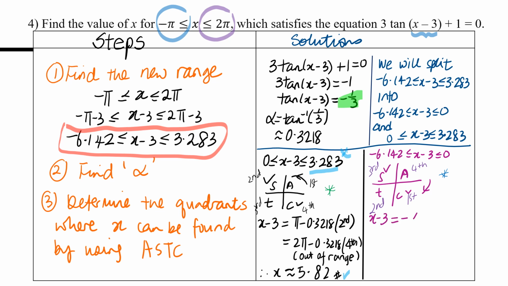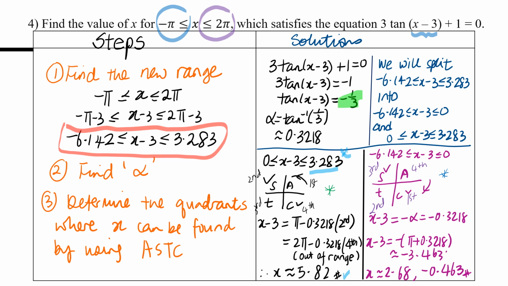All right. So what is the answer for the first quadrant? It will be x minus 3 equals negative alpha, which is just negative 0.3218. And then for the third quadrant, it will be negative bracket 180 plus alpha. 180 is pi, so it's negative bracket pi plus alpha.